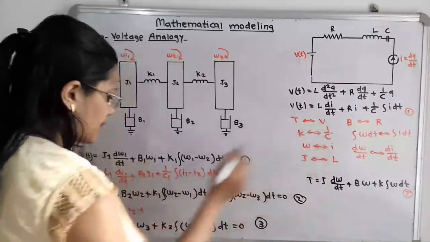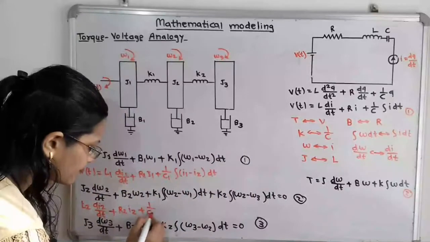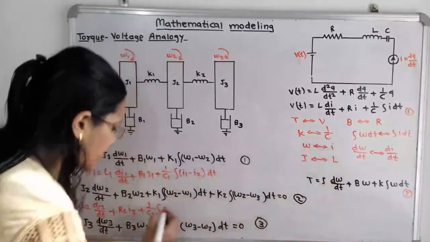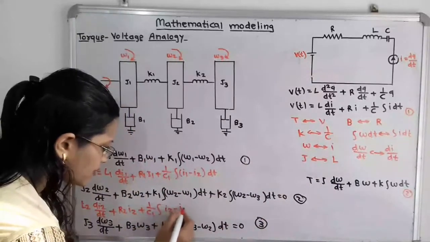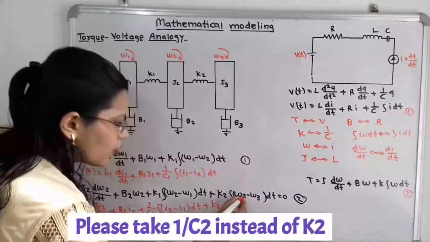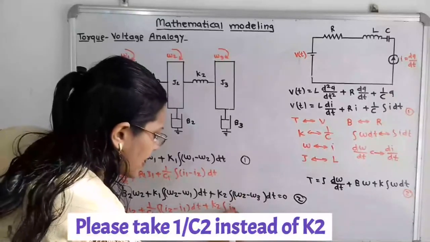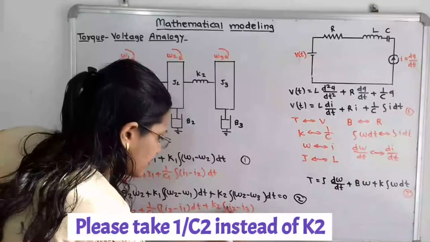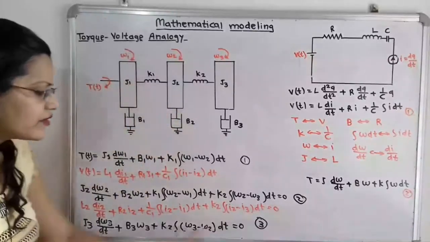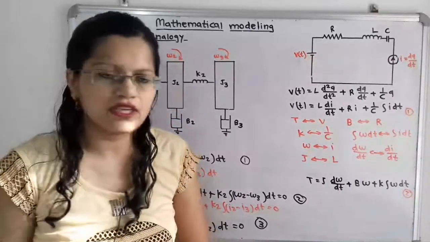For this K1 I will take 1 by C1, integration of omega 2 minus omega 1, that is I2 minus I1, dt, plus K2 omega 2 minus omega 3, that is I2 minus I3, dt, is equal to 0.